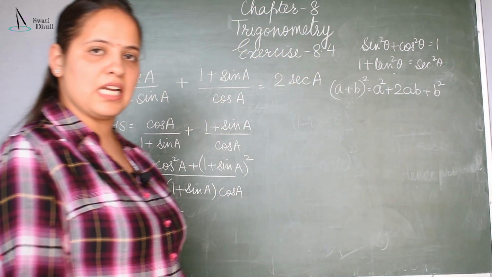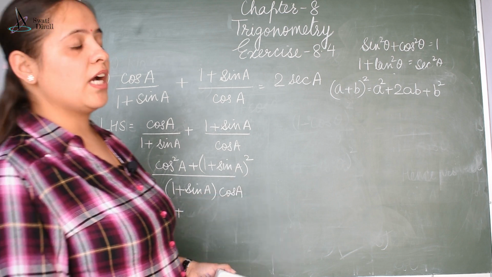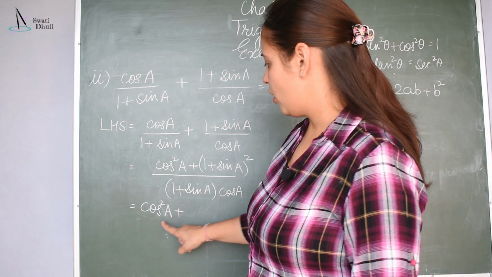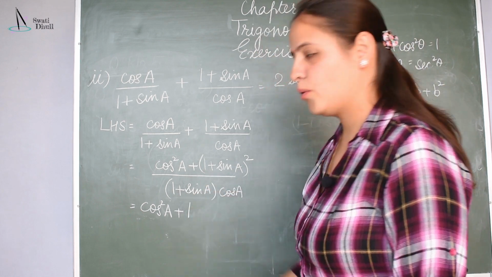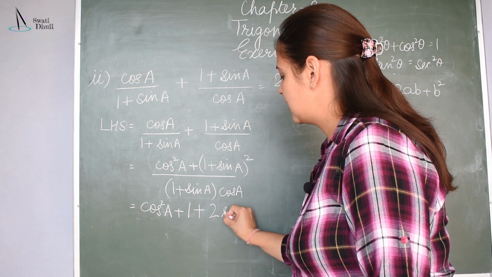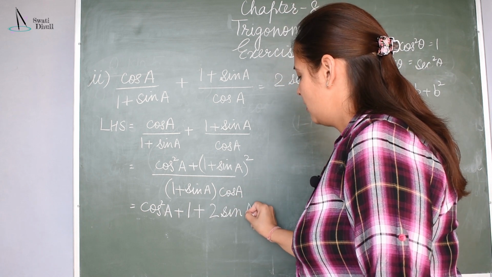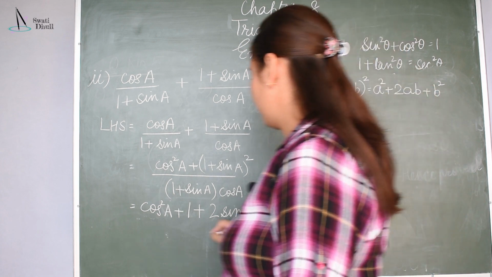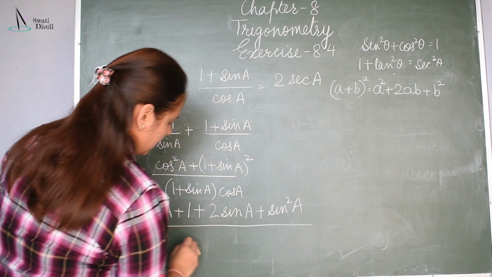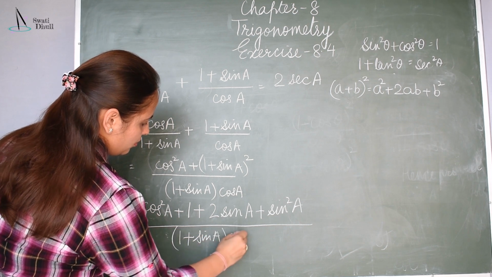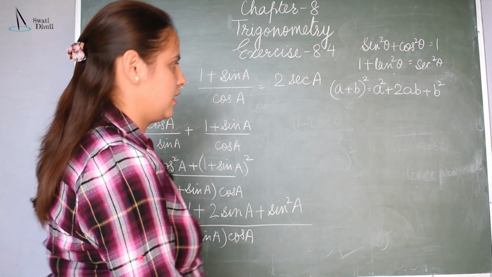We have done this in class 9th and also in chapter 1 of class 10th. So cos square A, then a square is 1, plus 2ab, so 2 sin A, plus b square, divided by (1 plus sin A) into cos A. Now let's simplify.